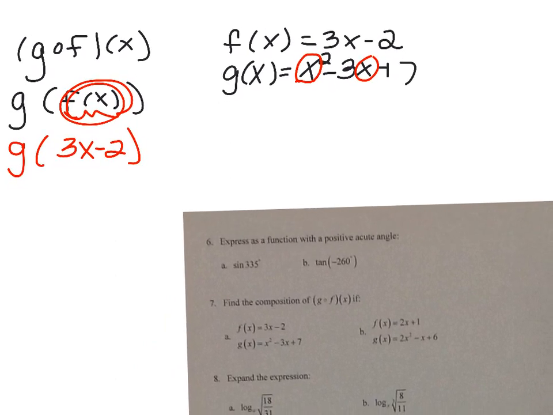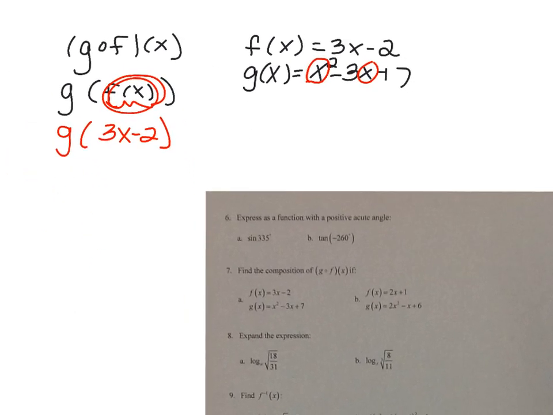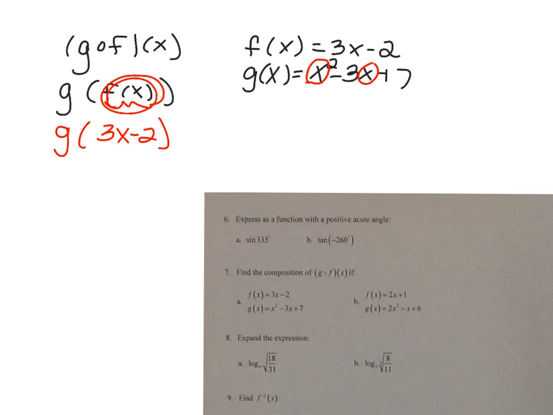So it's going to be 3x minus 2, squared, minus 3 times your x, which is 3x minus 2, and then plus 7.